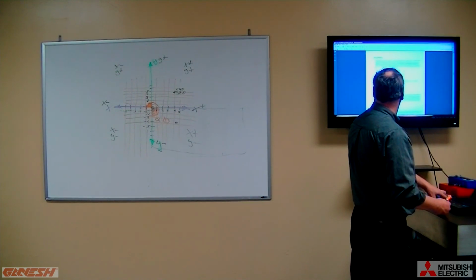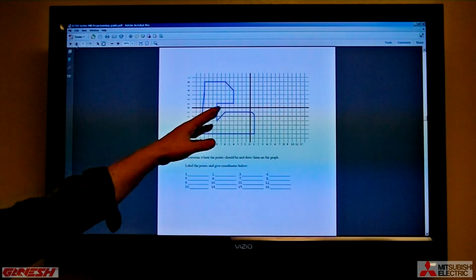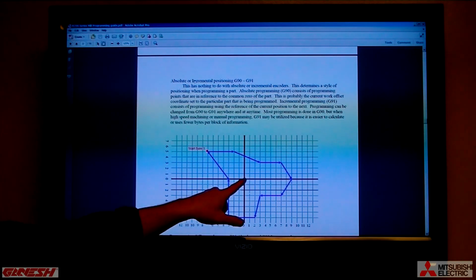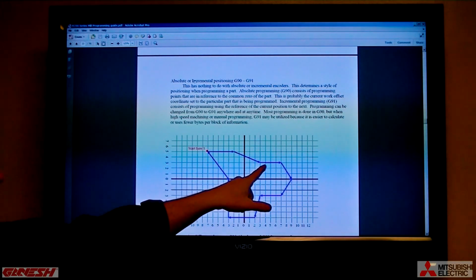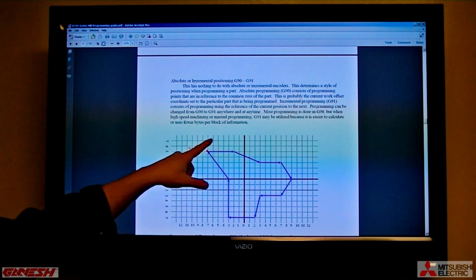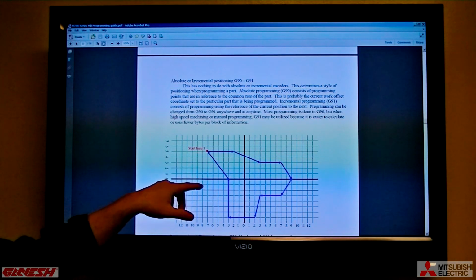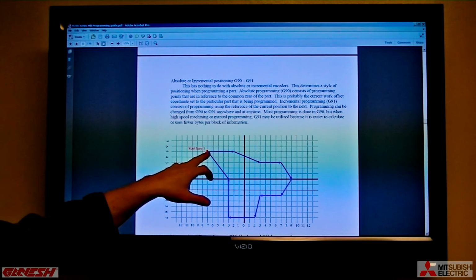So here is an exercise I would like you to try, and in a few moments we will work on this together. Look at the Cartesian coordinate system centered on this part outline. These represent the object outlines of a part. Let's call this point number 1.